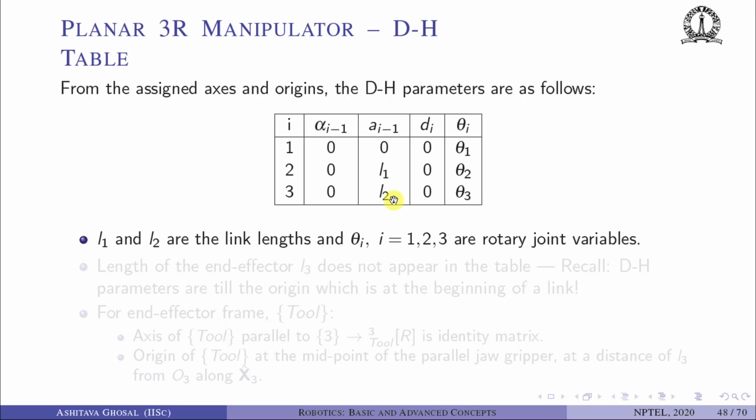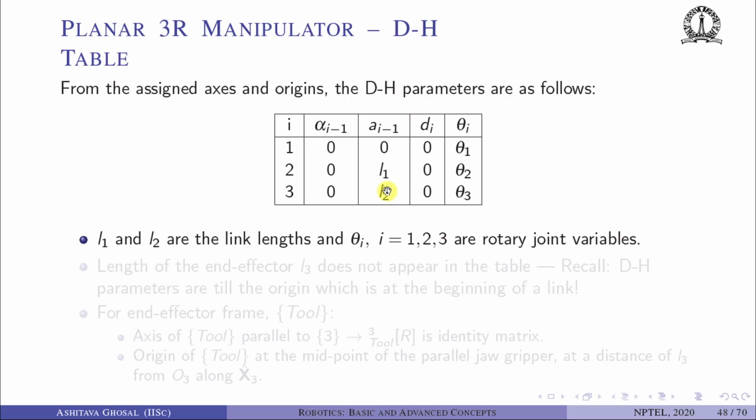We have to assign some other coordinate system at the tool, and then we can assign this L3. So recall that the origin is on the joint axis and the link is after the joint axis. So hence this is the way the DH parameters come up.